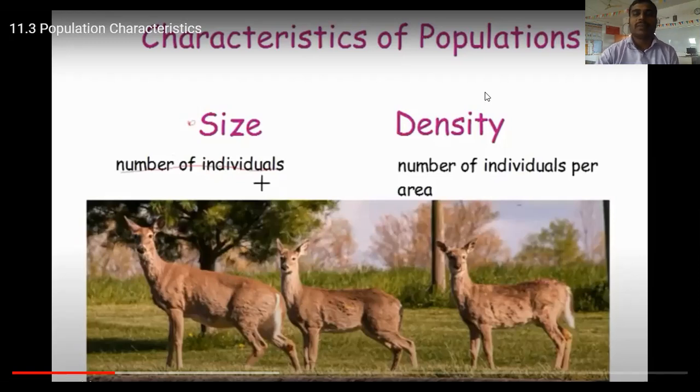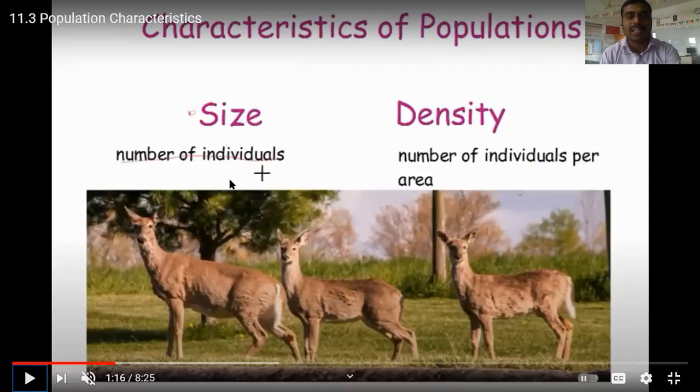Then we will start with the first character, that is density. Here, the total size is generally expressed as the number of individuals in a population. In this image, you can clearly see the population size is simply the total number of individuals.